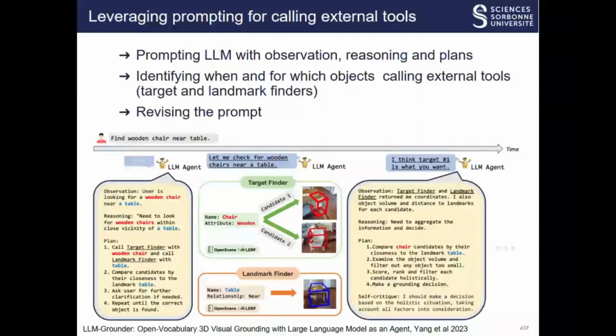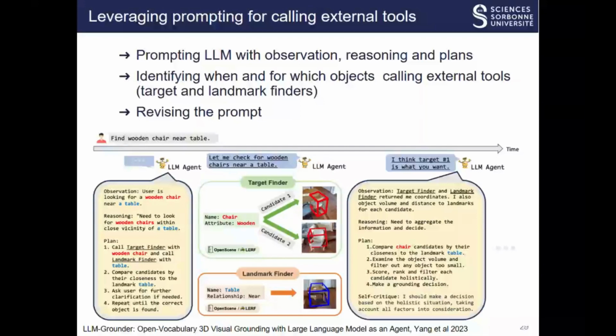But what is interesting in the prompt is that they learn to generate this prompt in three parts. The first one is the observation, so what the user is looking for. A reasoning part is what we need to perform this task, and then the plan using the call to different external APIs.